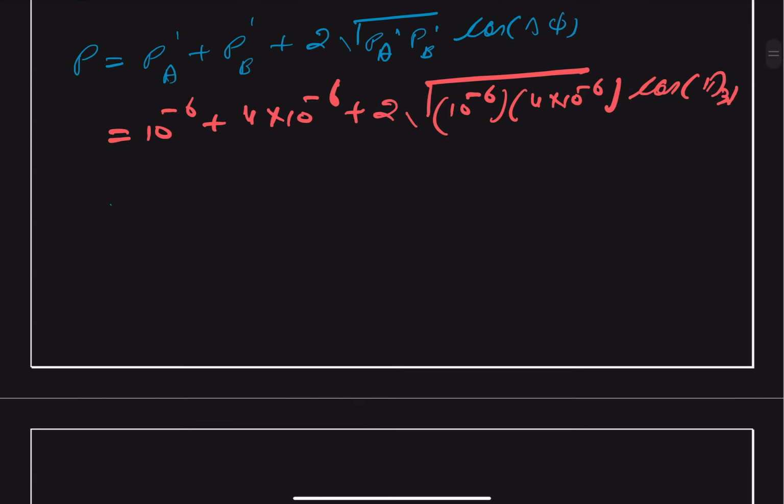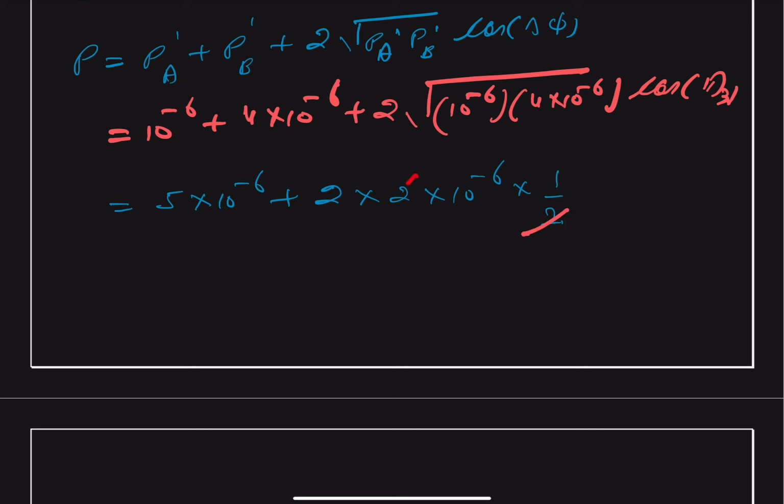So therefore, we can write this will be equal to 4 plus 1 into 10 to the power minus 6 plus this comes as 2 into 2 into 10 to the power minus 6, and cos of this will be coming as 1 by 2.